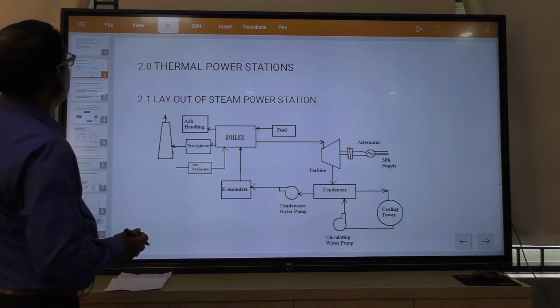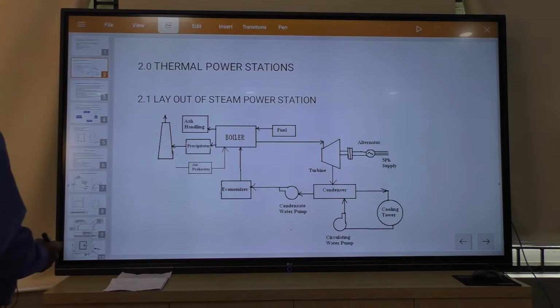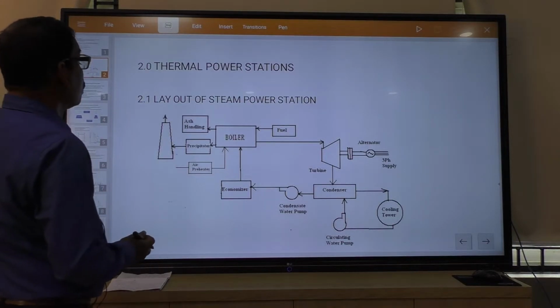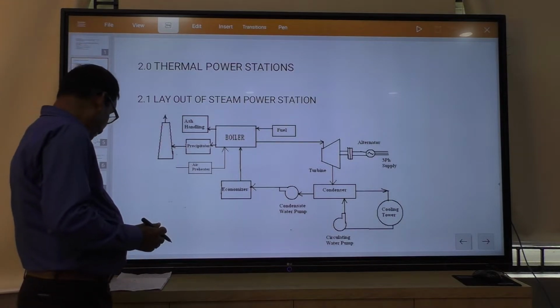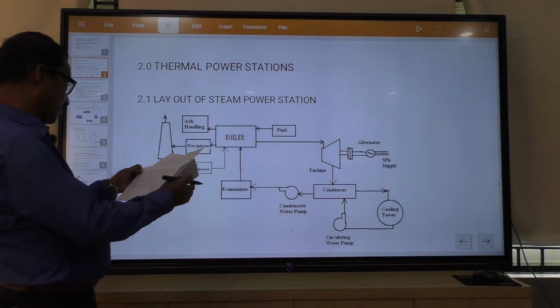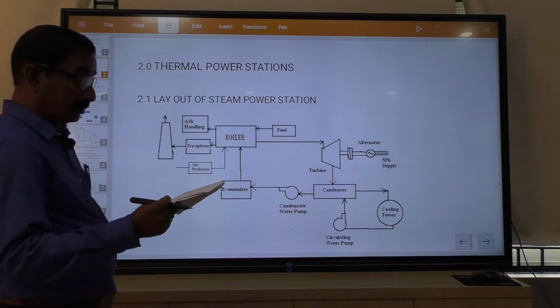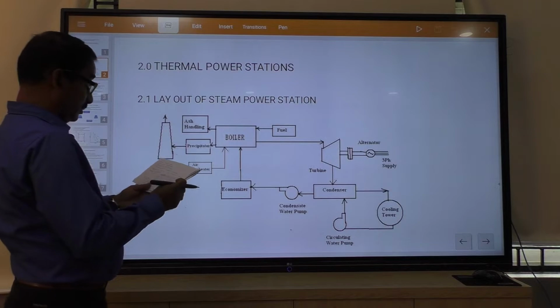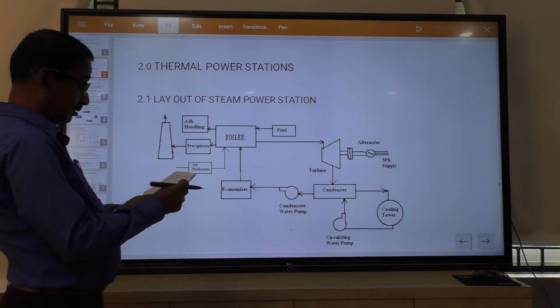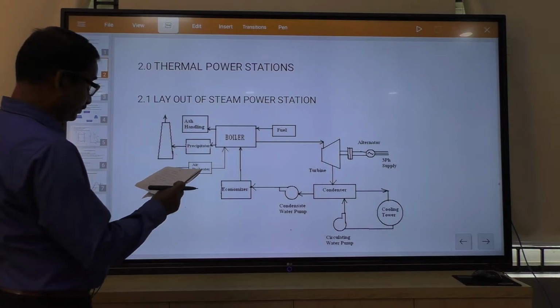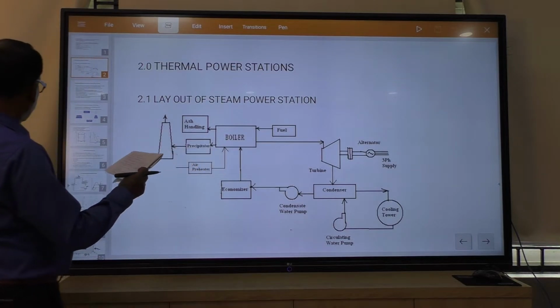Next is your layout of steam power station. Before going to that, I want to present to you some important data for better interest. One is the installed power capacity.